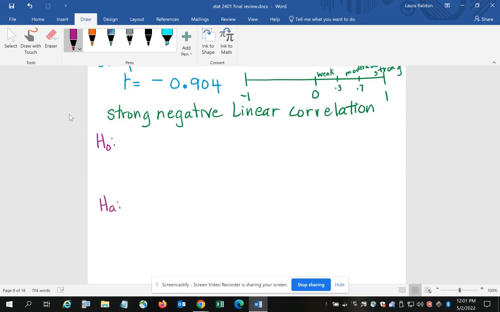Our hypotheses: we say rho equals 0. This is the Greek letter rho, and it represents the population linear correlation coefficient.